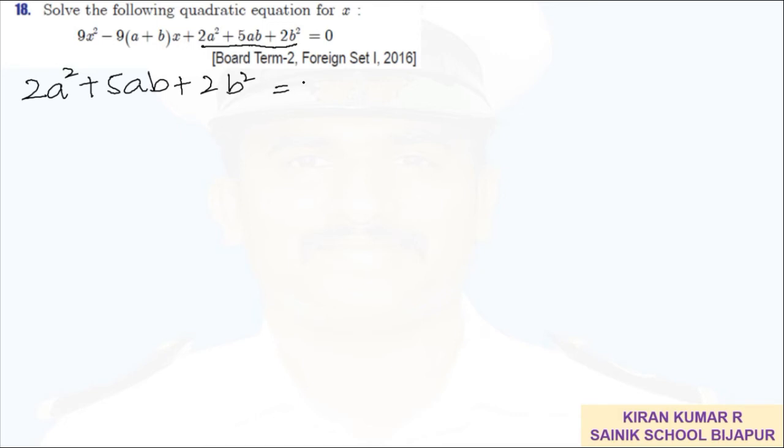This can be written as 2a square plus, I'll split the middle term so that the sum becomes 5ab and the product becomes 4a square b square. I'll split as 4ab plus ab so that the product becomes 4a square b square and the sum becomes 5ab.